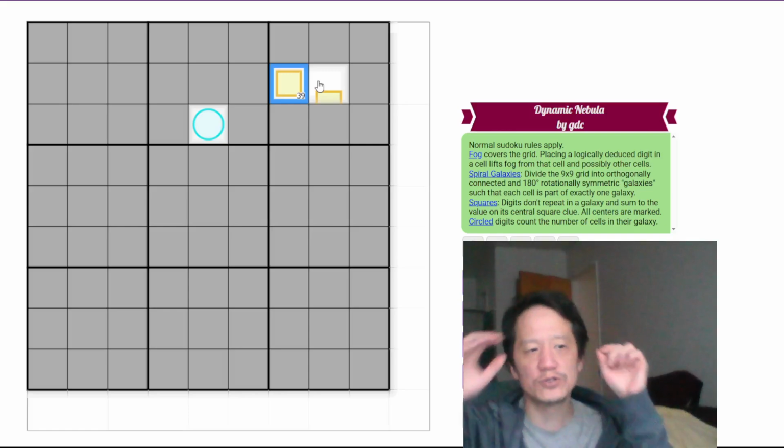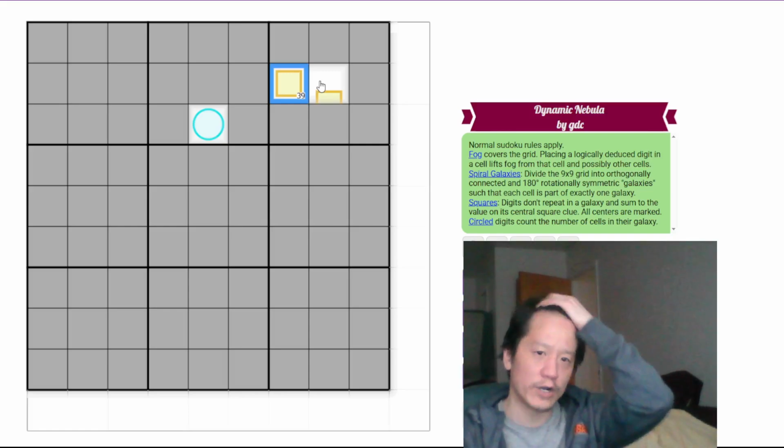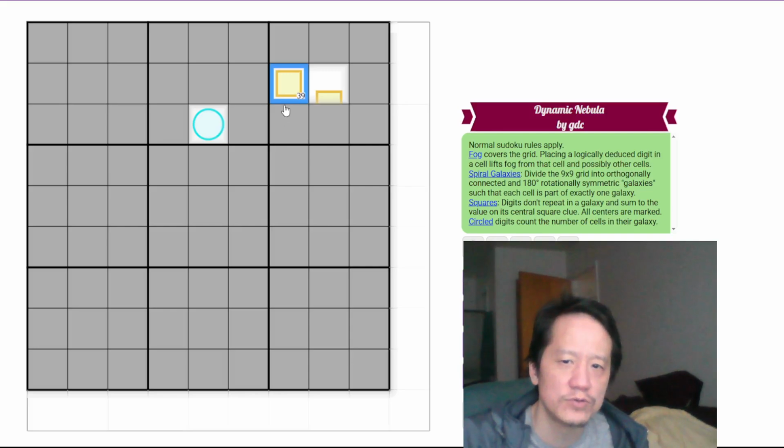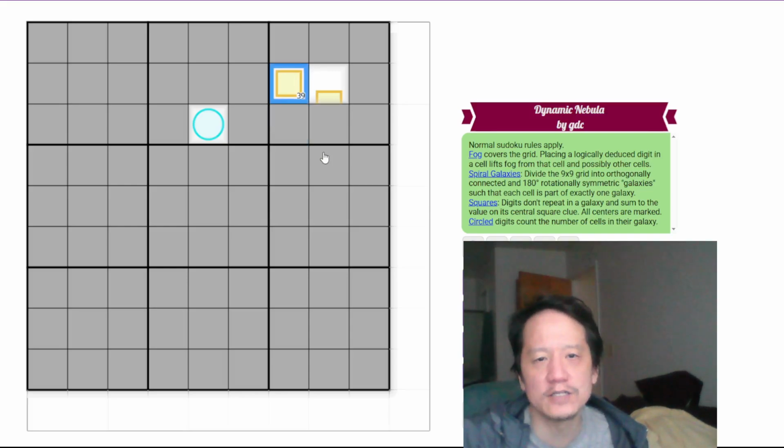So all the centers of galaxies are marked by a square, and I think every square will have a number on it. The digits in a galaxy sum to the value in the central square clue. So for this galaxy, the sum of all the digits must sum up to 39. That's interesting.